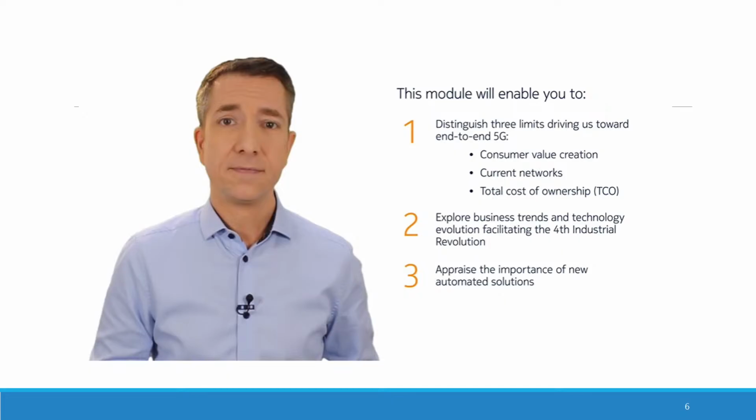In this module, we will be able to distinguish the three limits driving us toward end-to-end 5G. First is consumer value creation and the current network and the total cost of ownership, and explore business trend and the technology evolution for facilitating the fourth industrial revolution, and apply the importance of a new automation solution.